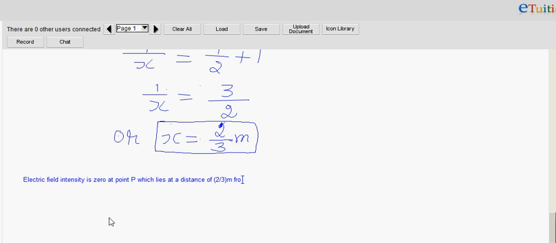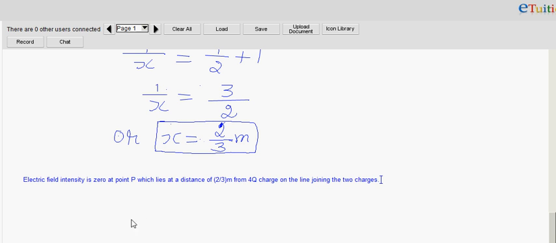from the 4q charge on the line joining the two charges.